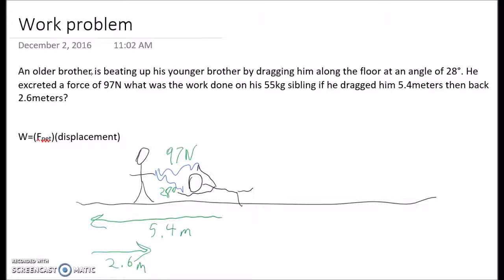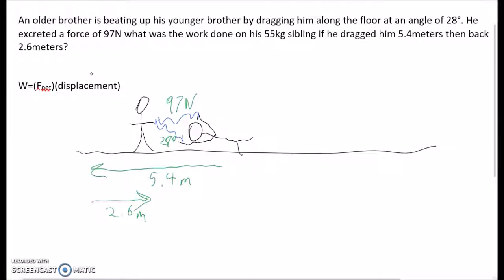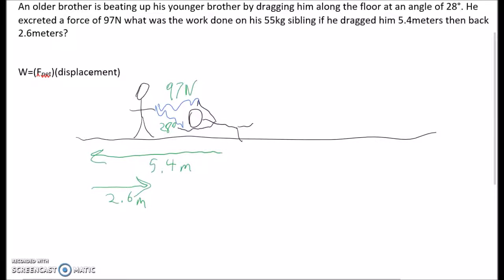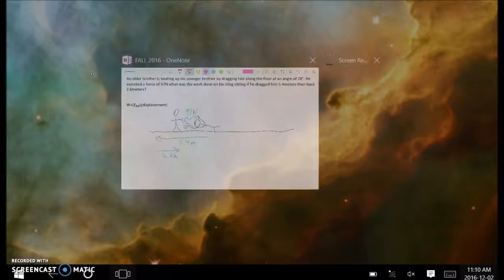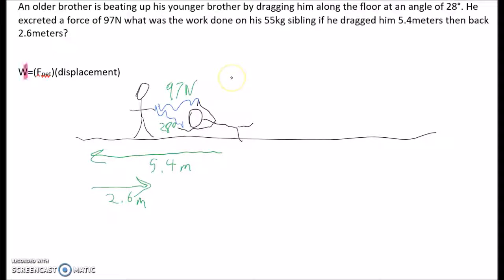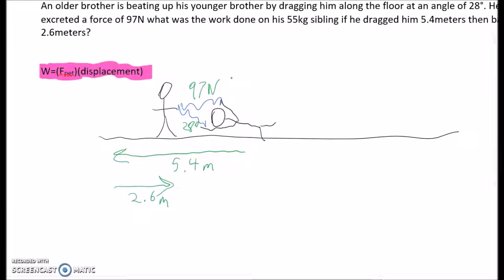Alright, so this question is just like any other work problem. It's looking at F net times displacement in our equation here. Here's our equation. So our F net here is what we're looking for. So the triangle looks like this. His sibling was pulling him this way at 97 newtons at an angle of 28 degrees.